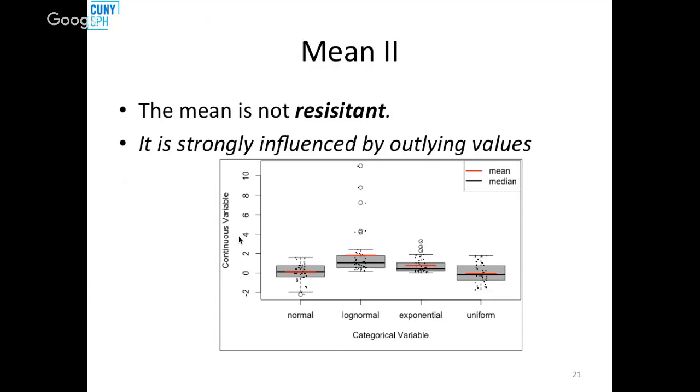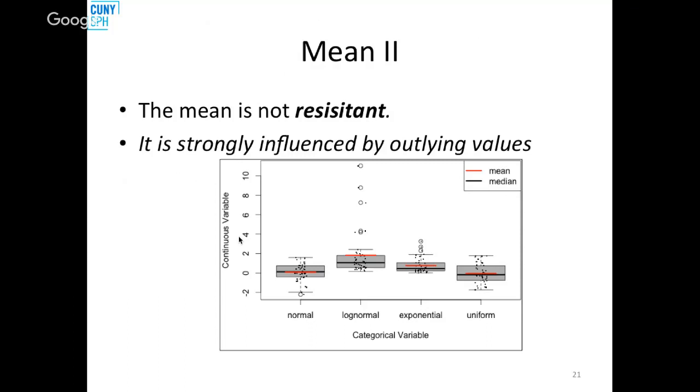So the mean is affected by outliers and it is affected by skew. And in fact, from only numeric summaries of the data, if you see the mean and the median, if they're very different, you can infer that it must be a skewed distribution or it must have outliers. Because if it's a symmetric distribution without outliers, they'll be very nearly the same.